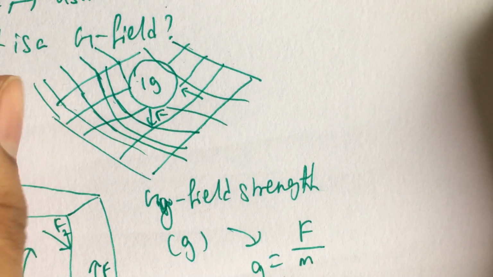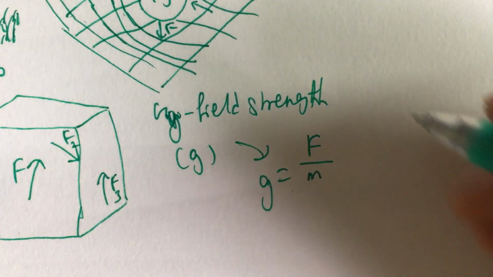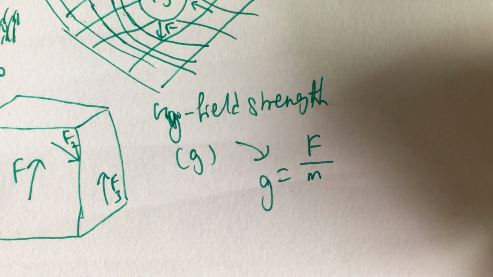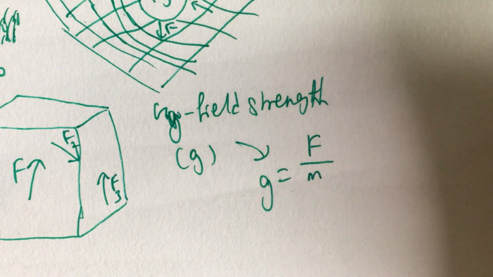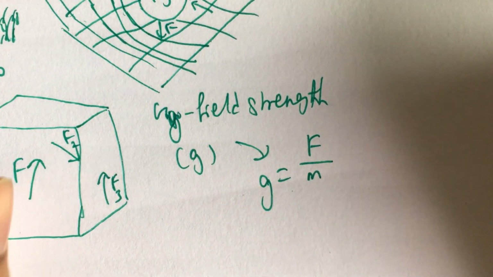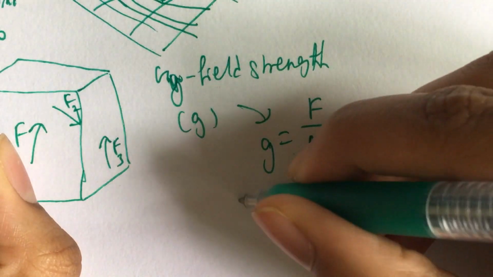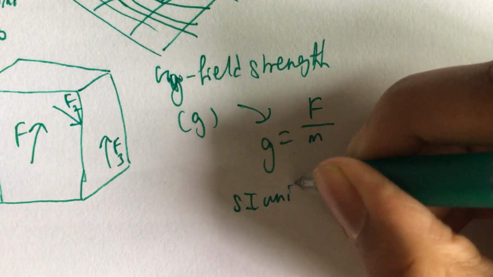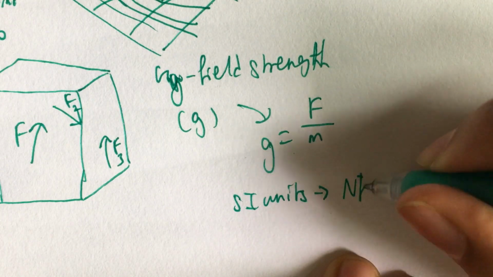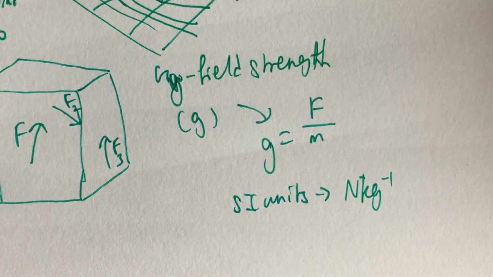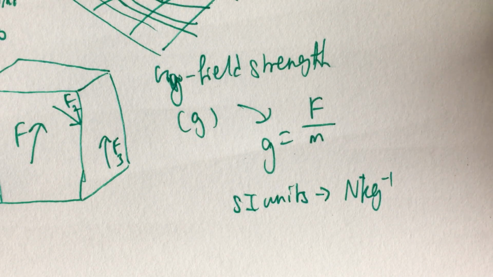When you divide the force by the 1 gram, you get your gravitational field strength. But since we are using SI units, you should look at it in terms of kg. So in this scenario, the force over 1/1000 of a kg would be your answer, and that is the gravitational field strength.